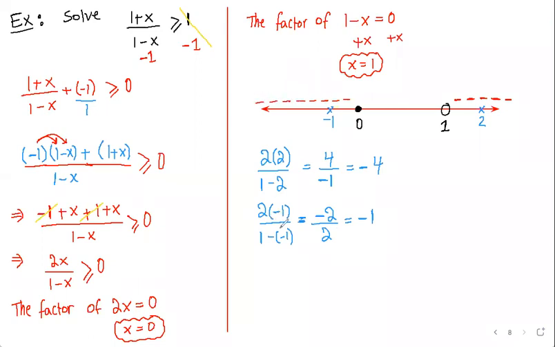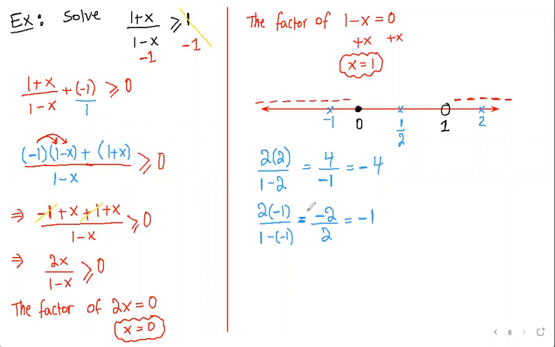So basically, every other number besides 1 is the right answer. Besides 1, right? So let's choose a number between 0 and 1. Which number would you like to choose? 0.5, or 1/2.